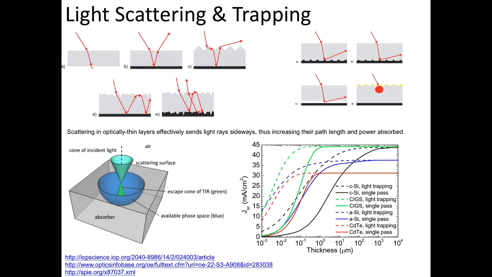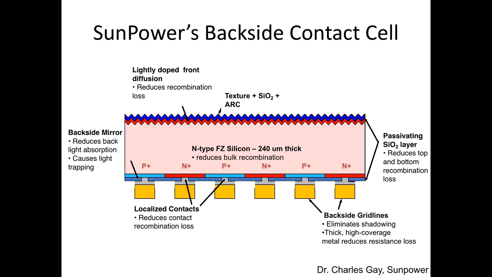And here, this shows an increase in current by increasing the path. So using textured surfaces to increase light trapping, you can increase current significantly, simply because you're absorbing many more photons. So one of the coolest engineering feats that has pushed silicon into the 20% range is from a company called SunPower, which has an interdigitated contact system.